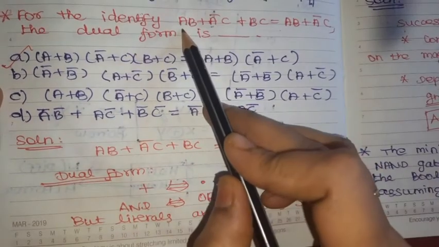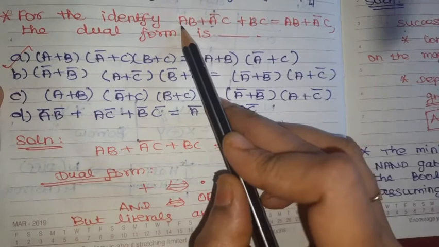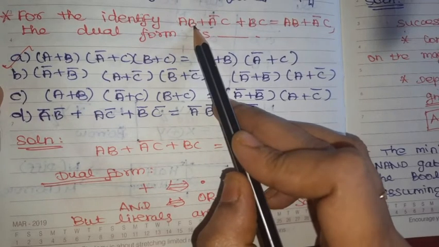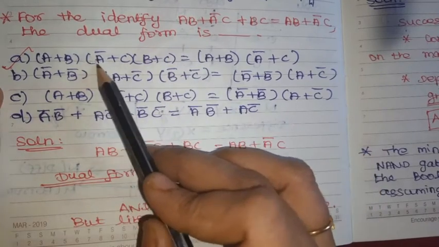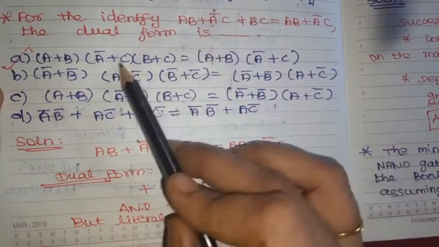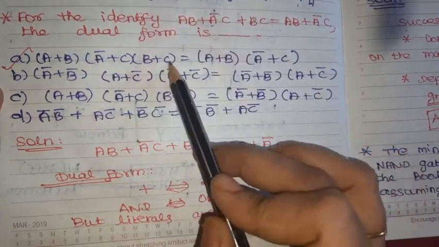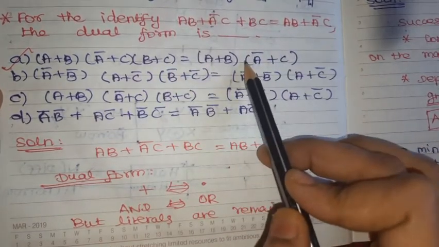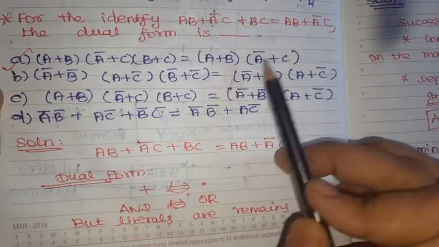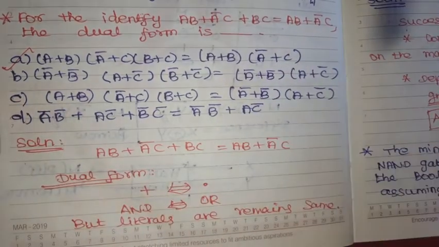So see here, literals will be the same. So A plus B, this symbol will become dot, then A bar plus C into B plus C is equal to A plus B into A bar plus C. So option A is the right option.